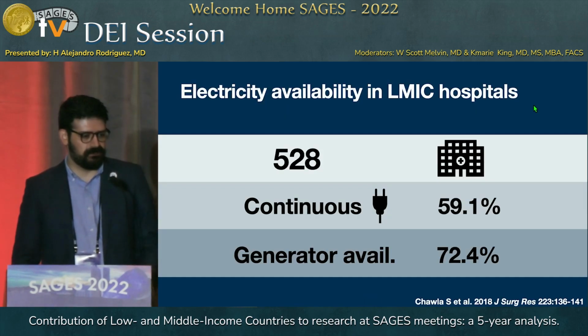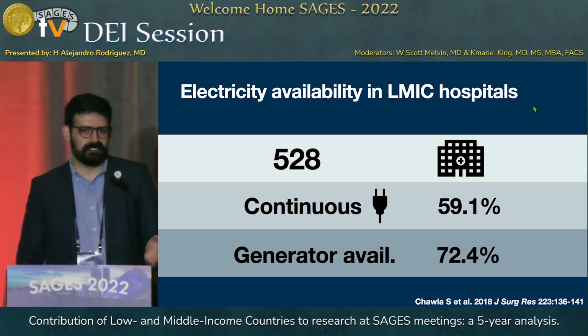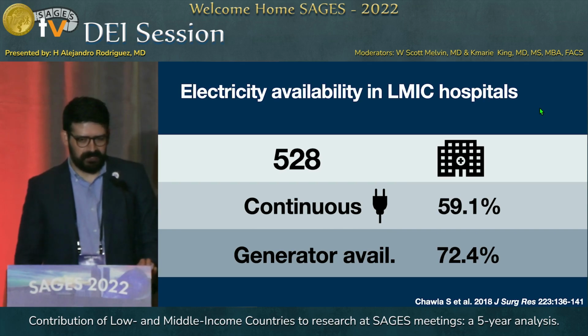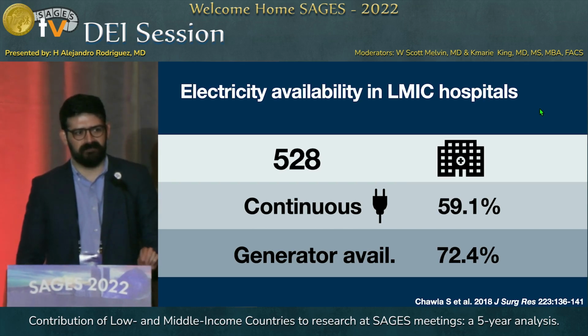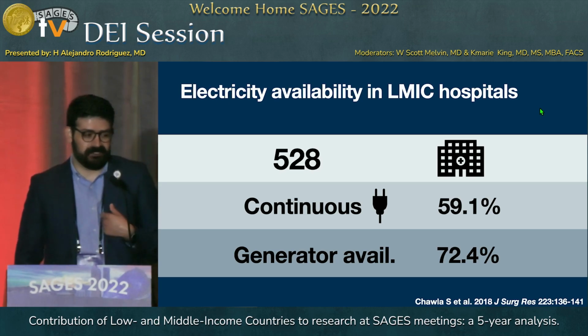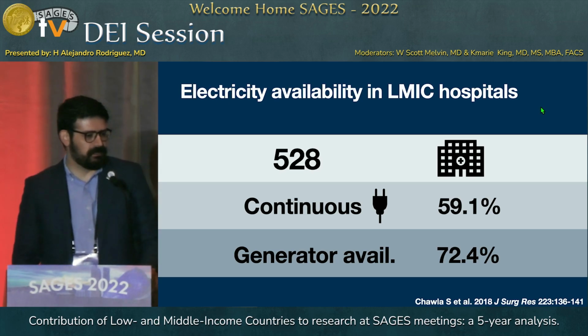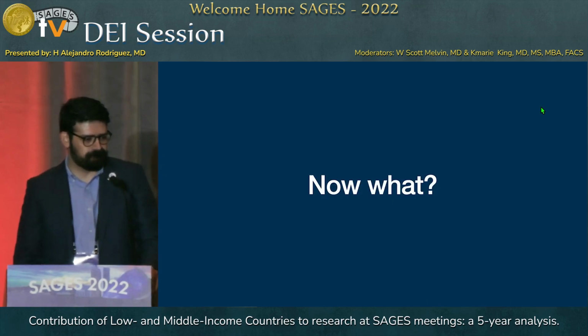I just chose this study that looked at electricity availability in LMIC hospitals, and these folks looked at 528 hospitals, of which 60% had continuous, reliable electricity supply, and 72% of them had generators available. Can you imagine your hospital not having electricity? I personally can't, and so I think that illustrates the gaps that might exist.